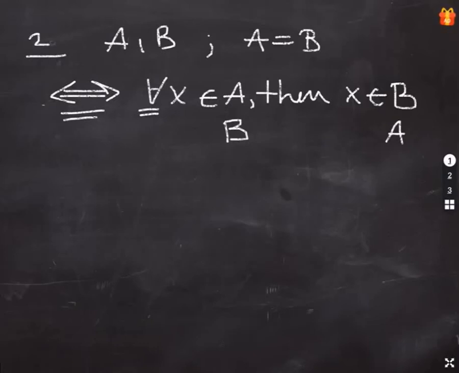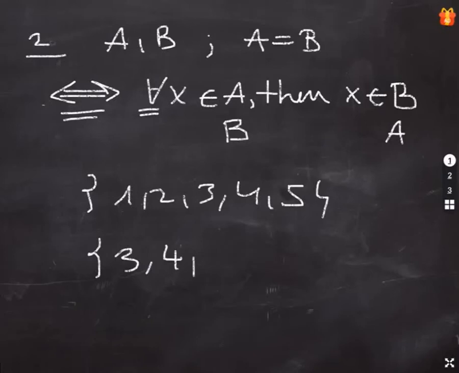So this axiom means that the sets {1, 2, 3, 4, 5} and {3, 4, 5, 2, 1} are the same sets because they contain exactly the same elements.